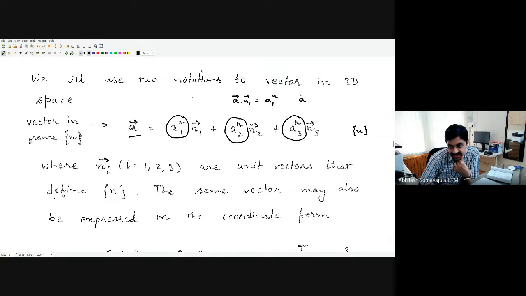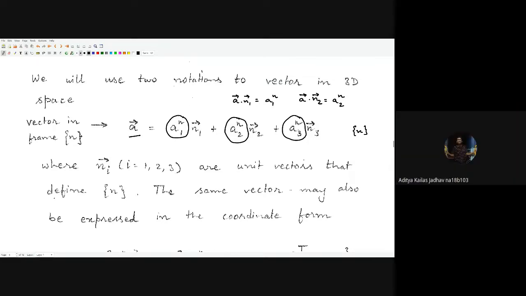If I take A dot n2, I'll get A2n. Whenever I take a dot product with any of these, n1 dot n2 or n2 dot n3, they'll all be zeros, because these are in three orthogonal directions. Is that making sense?